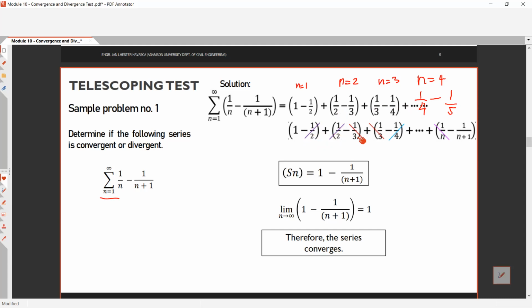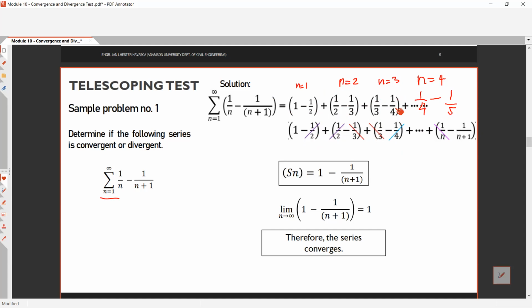Ang tanging matitira lang is yung first and the last term. Kunwari, n equals to 4, ang natira na lang dito is yung first and yung last: 1 minus 1/5. Kunwari n equals to 2, ang matitira dito is yung first and yung last. N equals to 3, ang matitira dito is yung 1 and 1/4, o yung first and the last.